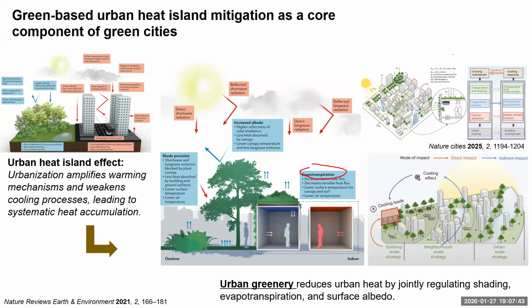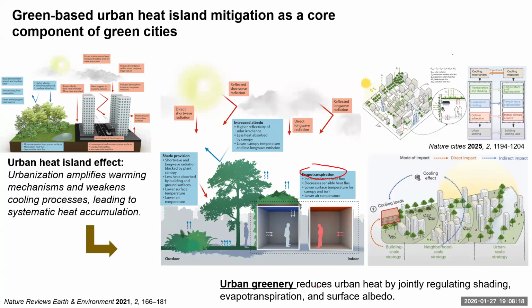The urban greenery reduces the urban heat by jointly regulating the shading, its evaporative breathing, and also surface albedo. So this is the combined effect, the combined factors why the urban greenery can reduce the urban heat.